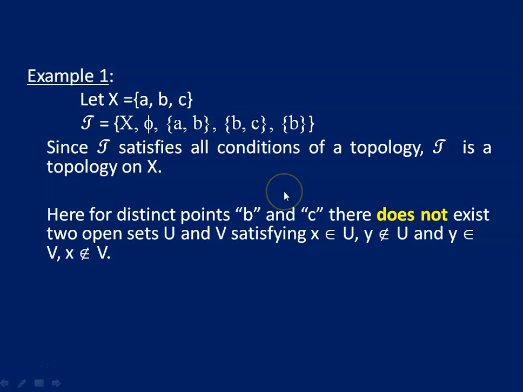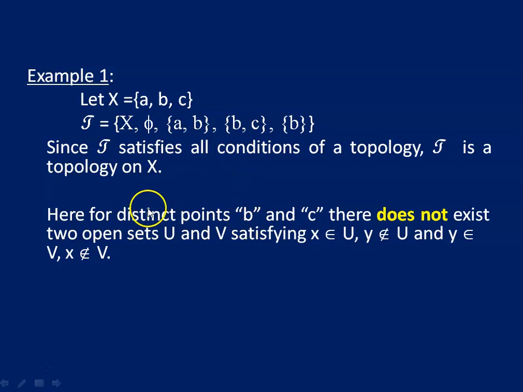Does there exist any other open set which contains c but not b? The open sets containing c are {b, c}, but it contains b. Similarly, the other open set is the whole space X, which contains c as well as b. So we cannot find an open set containing c that doesn't contain b.